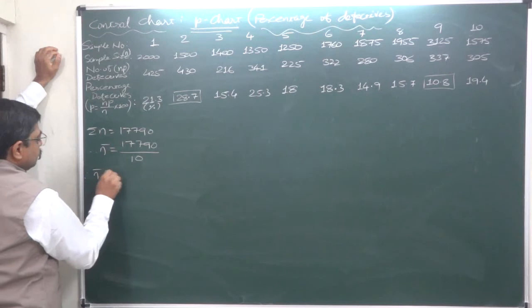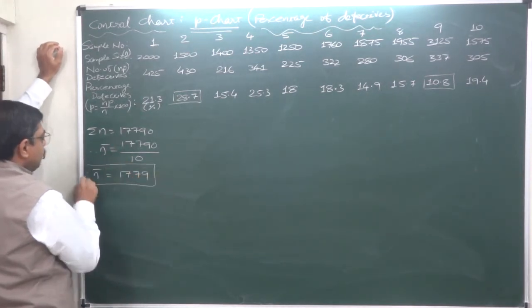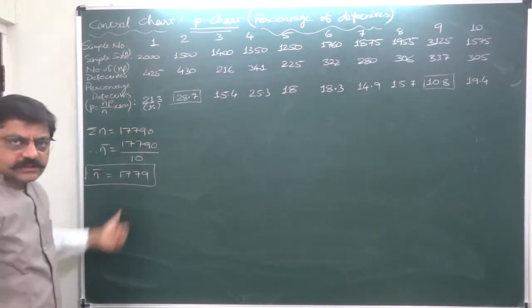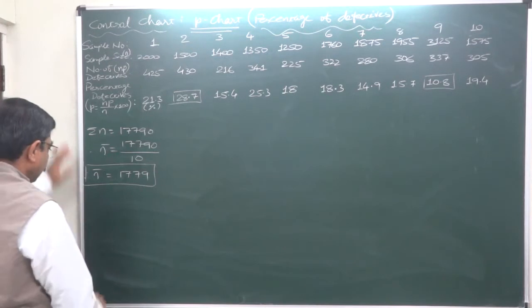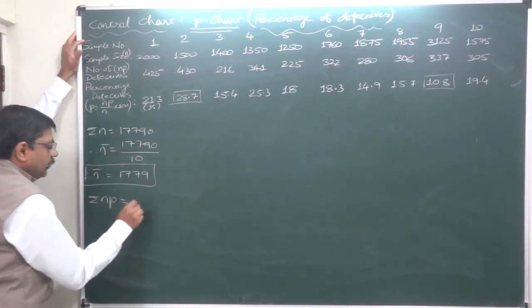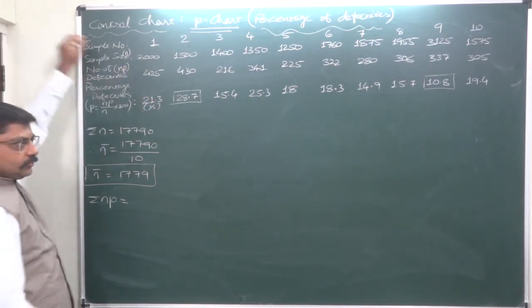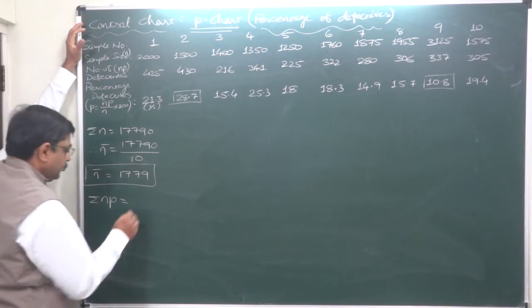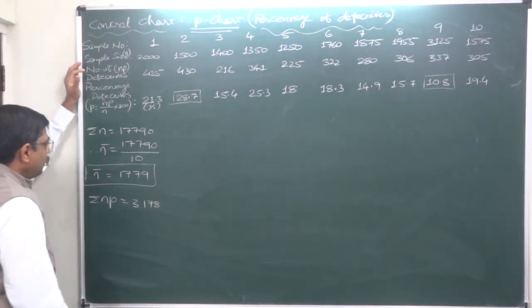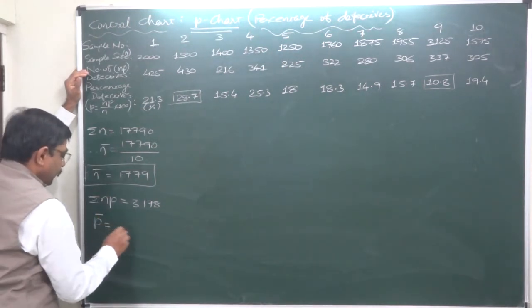Therefore, the average sample size comes to 1779. Now, sigma NP. To calculate P bar, the summation comes to 3178.